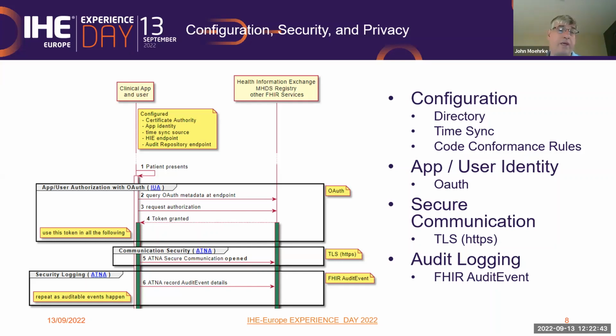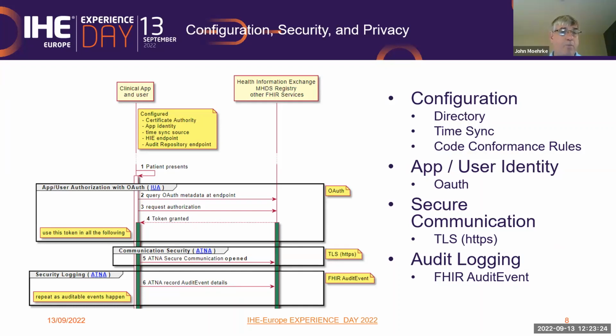Noting here that within the IUA implementation guide is a new option on the ATNA that says I'm going to use normal server-side TLS where I use the OAuth for the client authentication. So there is a new secure communications option that you would tend to use with IUA. You can certainly use mutually authenticated TLS, but you can also just use the OAuth for the client side, and there's an option in IUA.